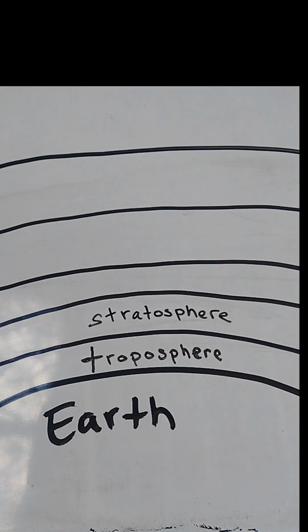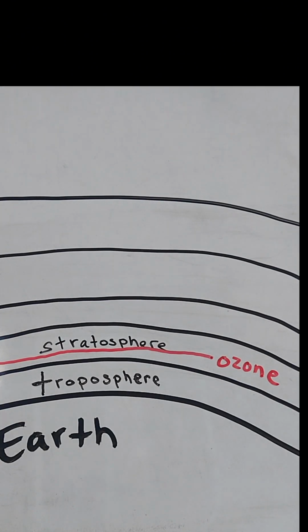And then you have the stratosphere. And there's something special about the stratosphere. We have the ozone layer. It's kind of in the middle of the stratosphere. So the temperature gradient actually reverses at the ozone layer. So normally it would go colder and colder as you increase in altitude, and the amount of greenhouse gases decreases, but until you reach the ozone layer.